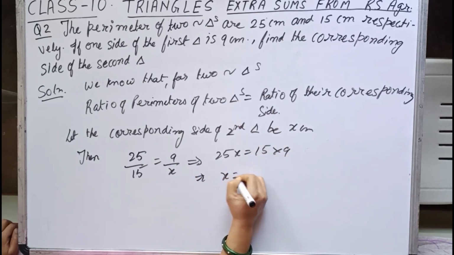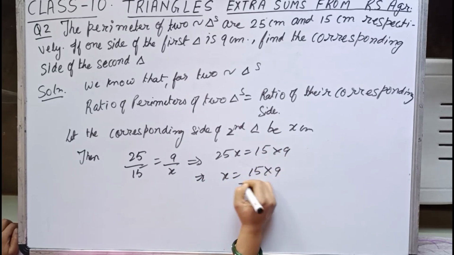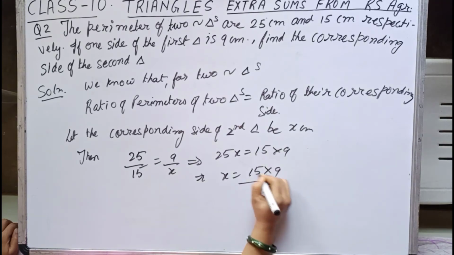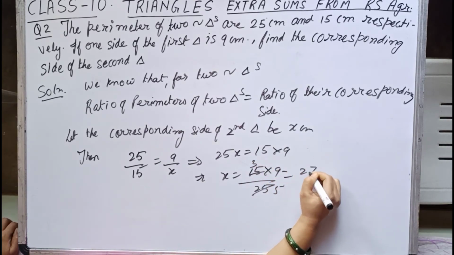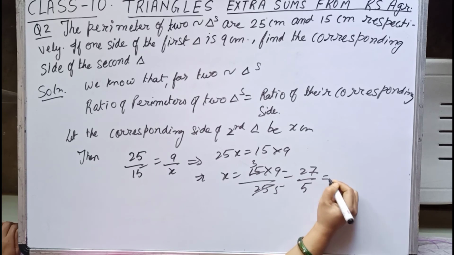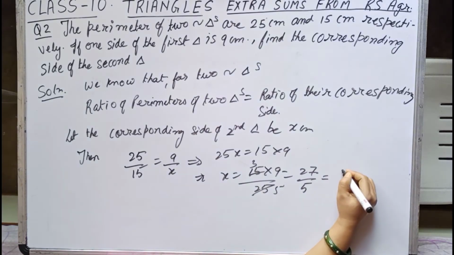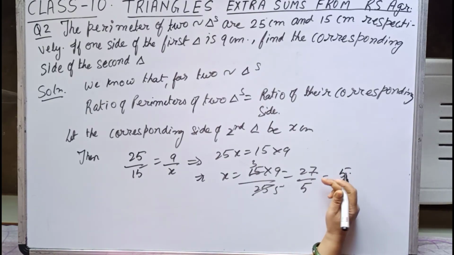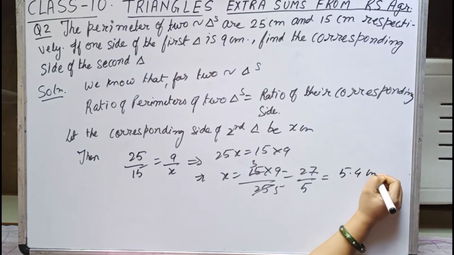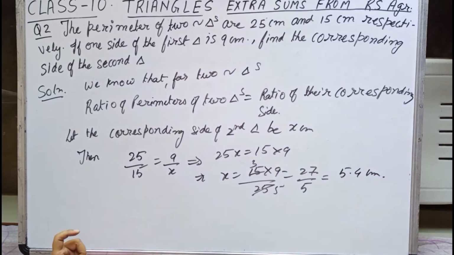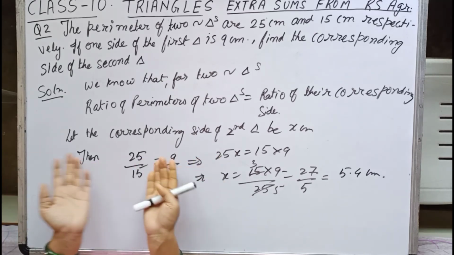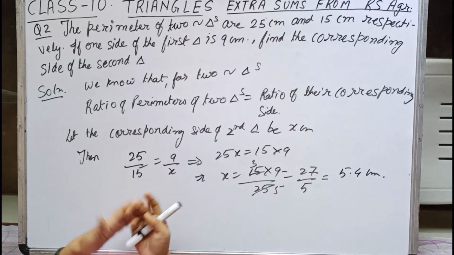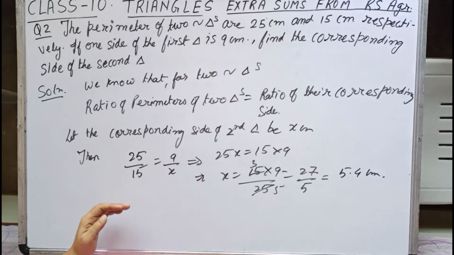This implies x equals 15 into 9 by 25, which equals 5.4 centimeter. So you can find the use of the concept of question number 1 in question number 2. A similar concept can be used to frame another question as well, so try framing a question. By that time, let us start question number 3.